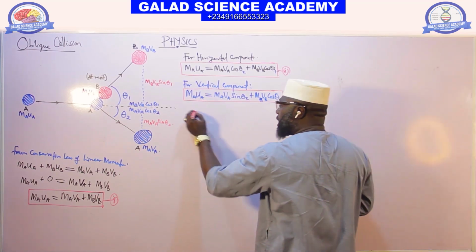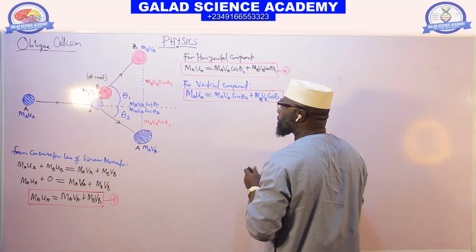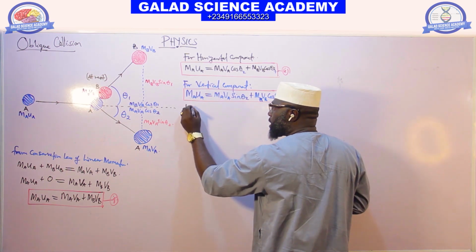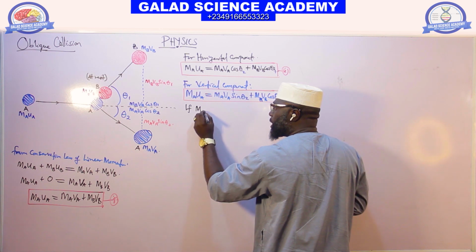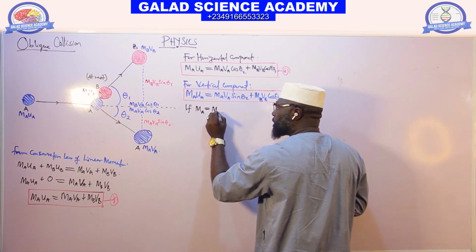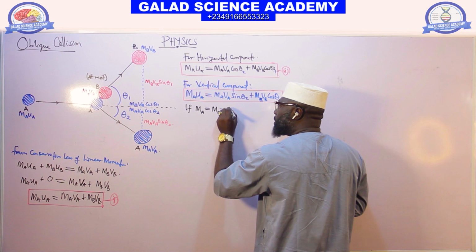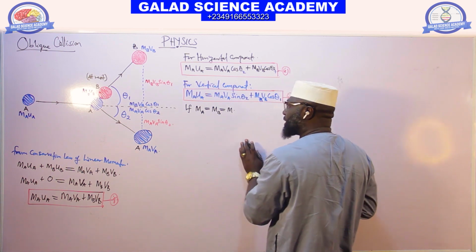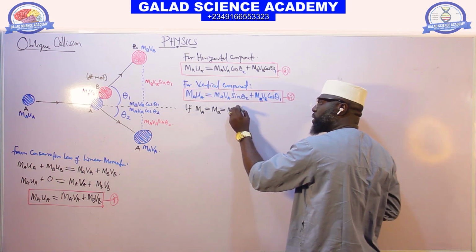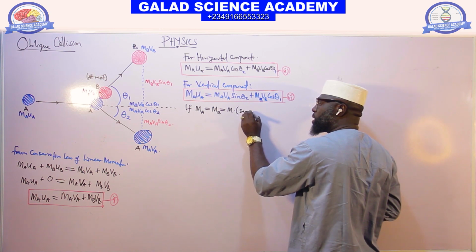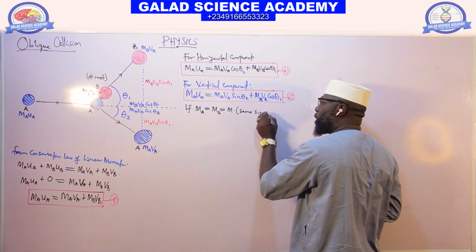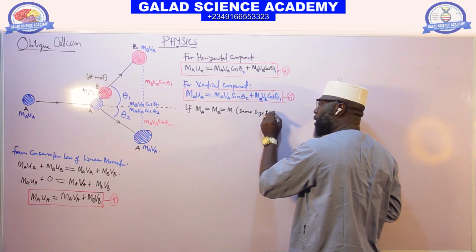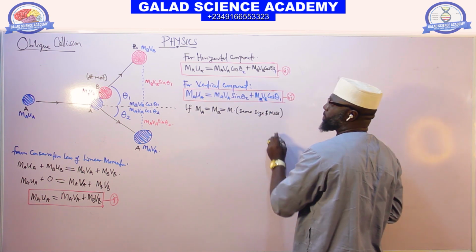So you can now say, if mass MA is equal to MB equal to M, that is, they are of the same size and weight and mass.